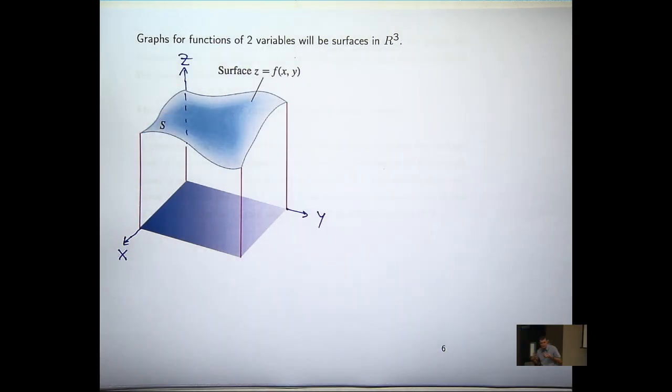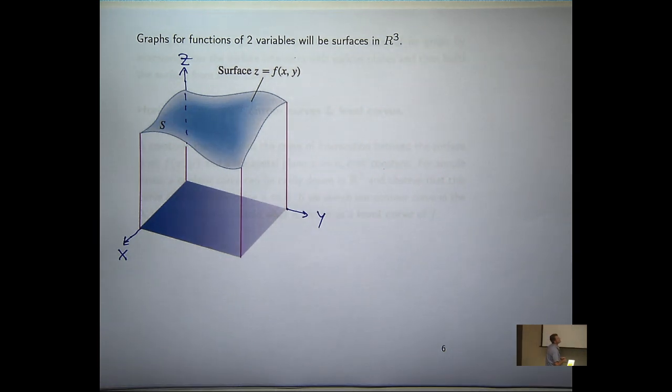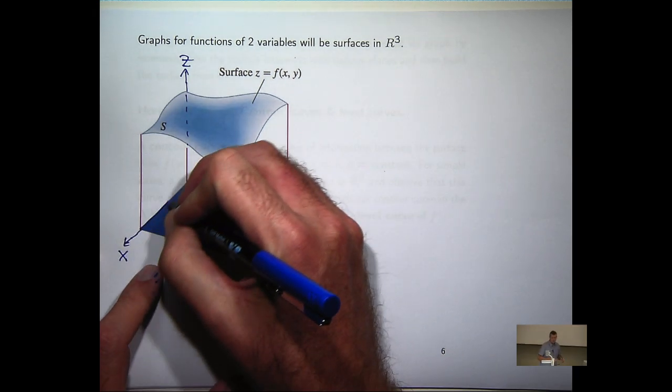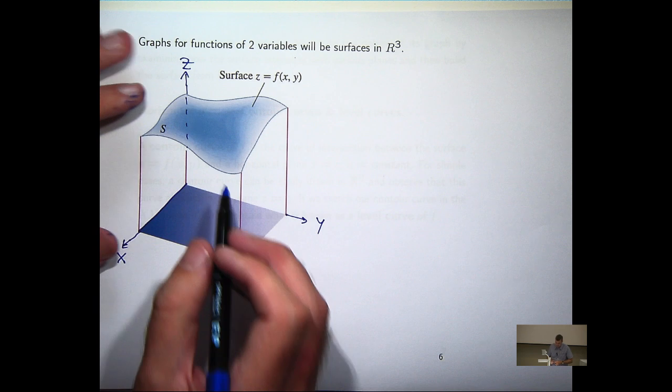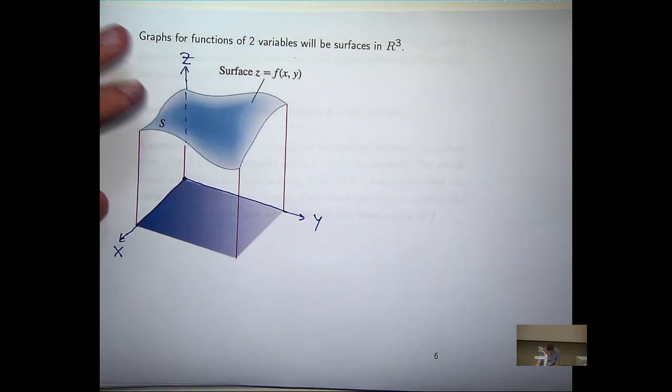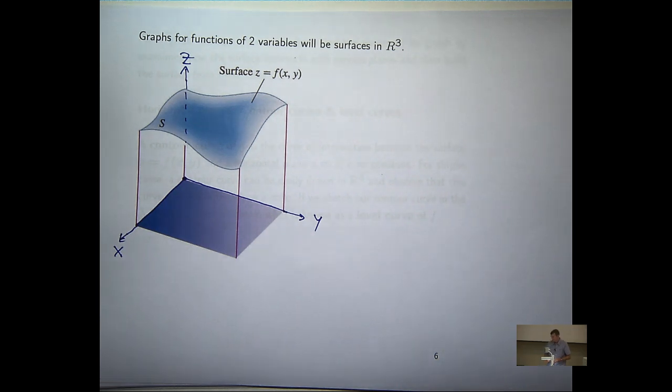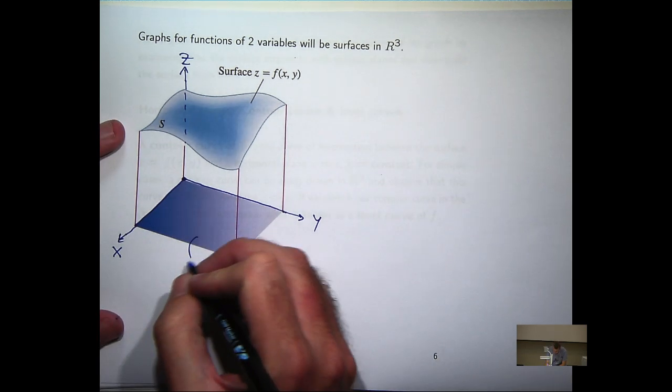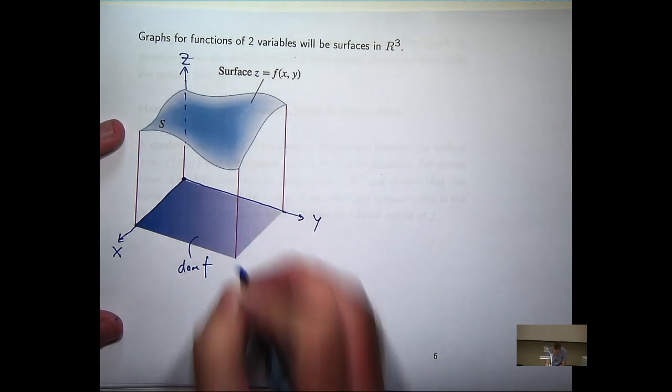So here's our three-dimensional space, and I've drawn in, you can imagine, the axes running along here and along here. Here's the origin. And you can think of that shaded rectangle as being a domain for this particular function. So think of this set as the domain of the function.